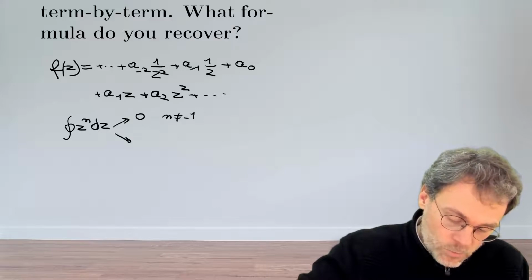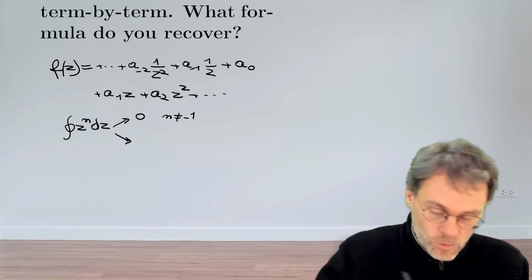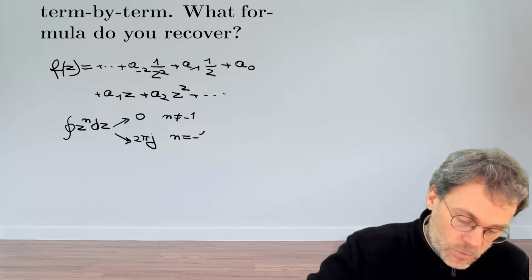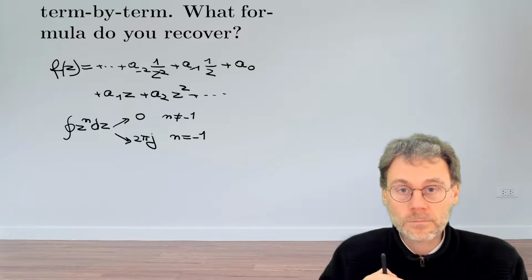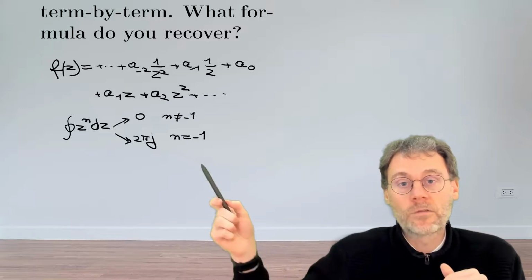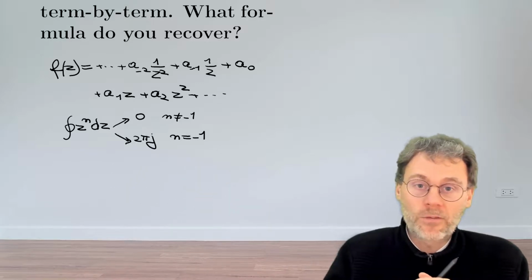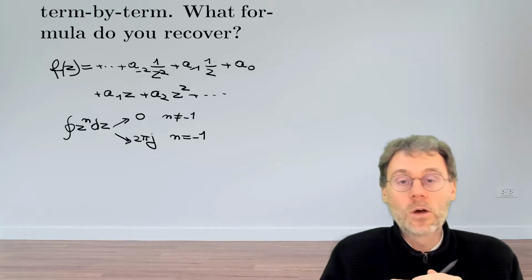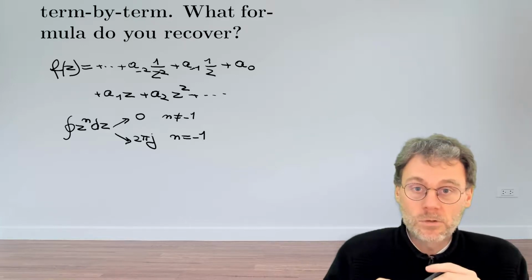The only time we ended up with something that was non-zero, namely 2 pi j, is when we had n equal to minus 1. And at that time I said, okay, this seems like a very trivial result, but it will have profound implications later on. And this later on is actually now when we're talking about residues.